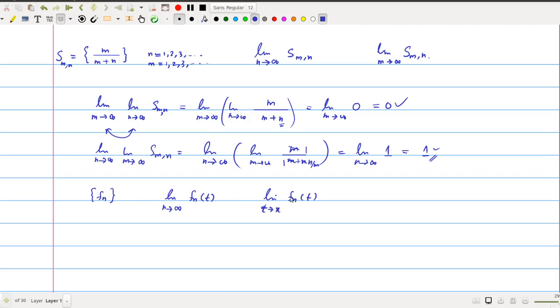This will lead to continuity, if this is some f_n of x, that will give the continuity.